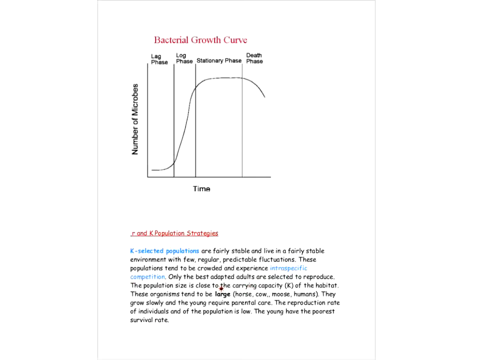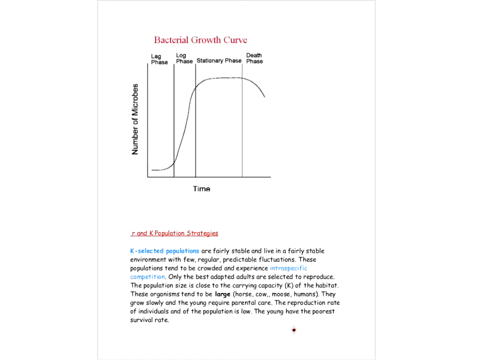The population size is close to carrying capacity, and again, they're large. They grow slowly. The young require a lot of parental care. That's another really important characteristic of a K-selected population. Reproduction rate of individuals in the population is low, and the young have the poorest survival rate.